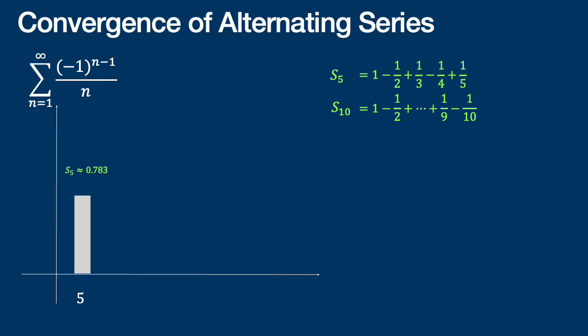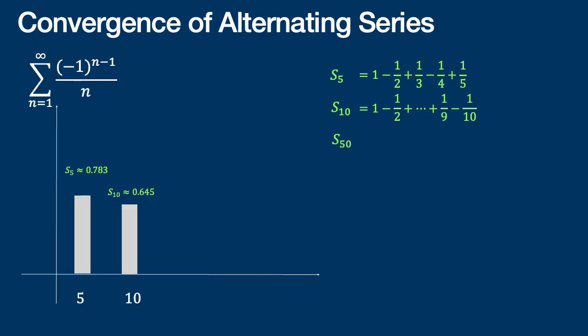That is 1 minus 1/2 plus, all the way there, 1 over 9 minus 1 over 10. So I approximate this partial sum as 0.645. So I sketch the bar.